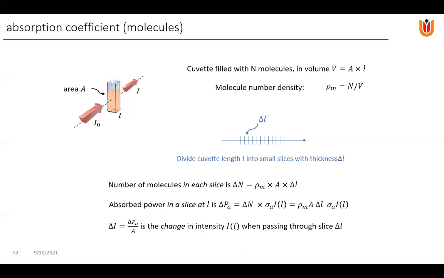That's nice and good, but not that interesting. So we can also calculate the change of intensity. If this is the amount of absorbed power in a slice at L, then delta I is delta P divided by A. Again, look at the units. This is watts per square meter, watts divided by square meter. It is the change in intensity when you pass through a slice of delta L.